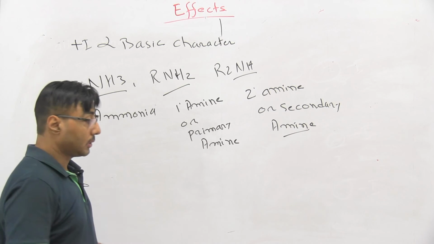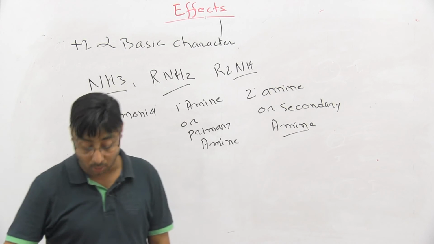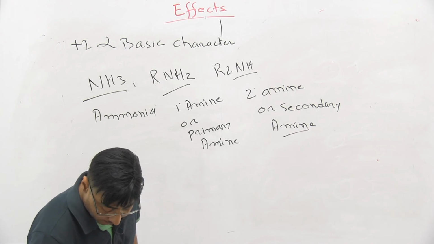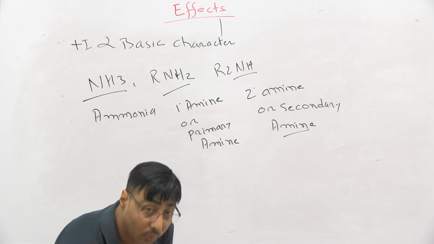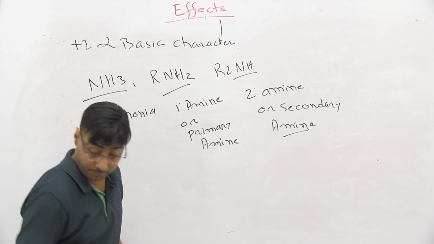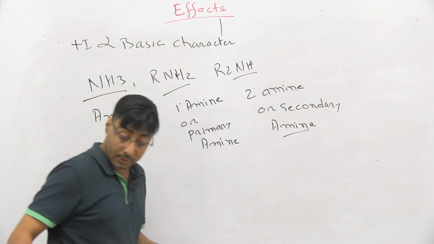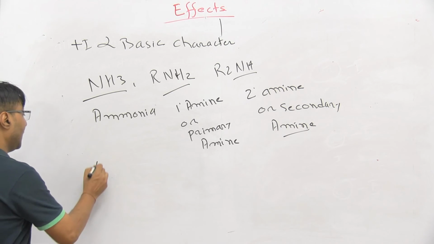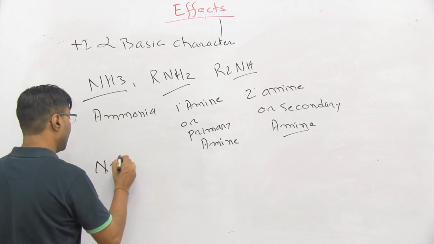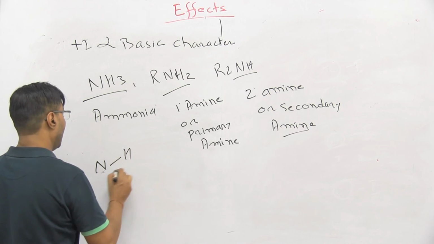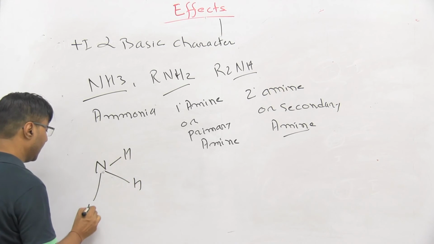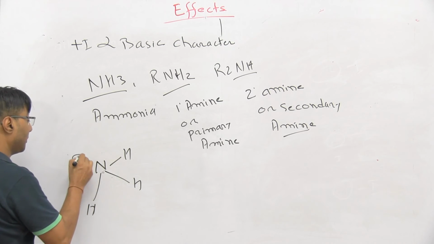So out of these three, which can be the stronger base? That we have to find out. See what is the structure of this. This N has 3 hydrogens, 1, 2 and 3, with 1 lone pair.